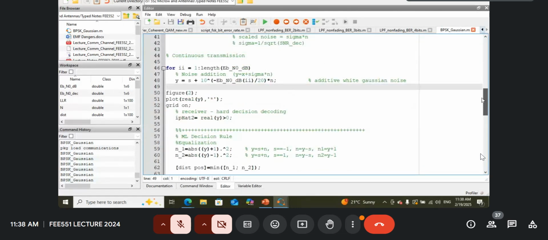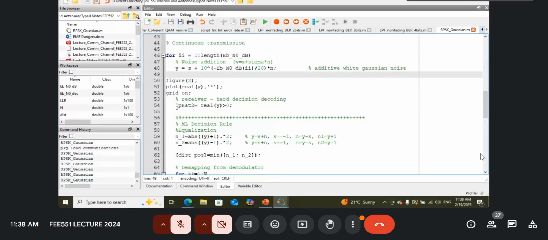So here is hard decision. The other way you can do equalization is by maximum likelihood decision. In that case, y is equal to s plus n. So you can generate a function n1 and n2.